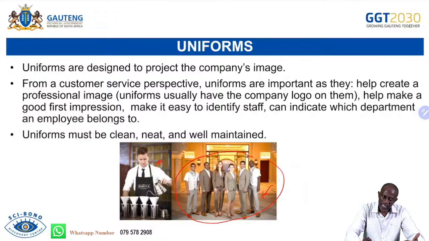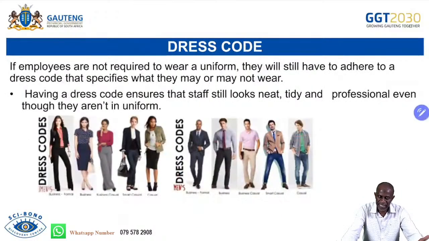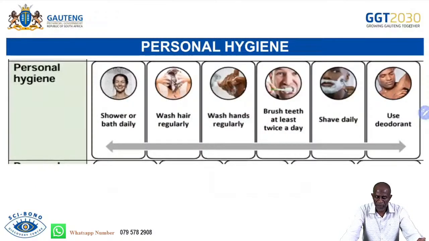You can clearly see that they are either air hostesses or flight attendants. The dress codes would differ from company to company. Some of the companies would want their employees to wear formal wear, and some would want their staff to look neat and tidy, professional, even though they are not in uniform.